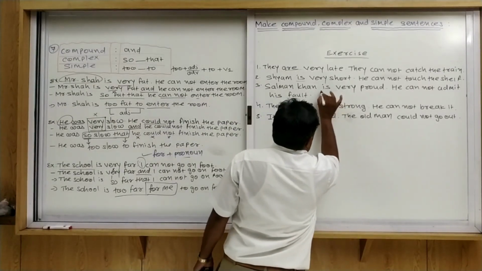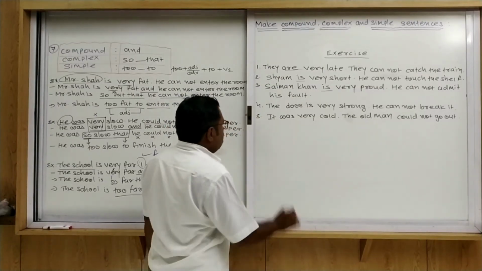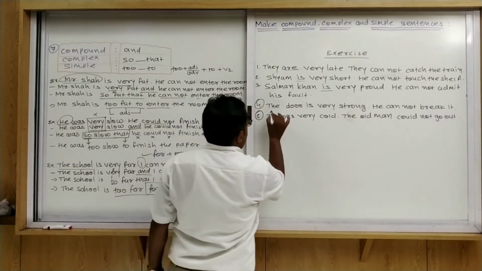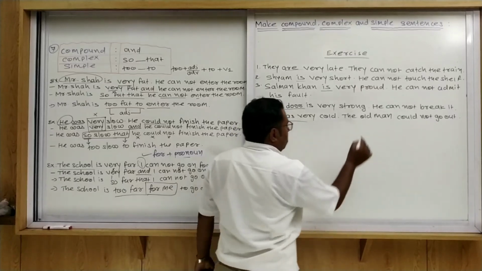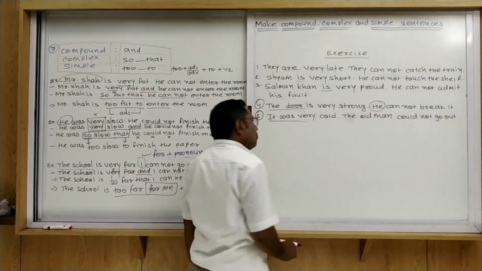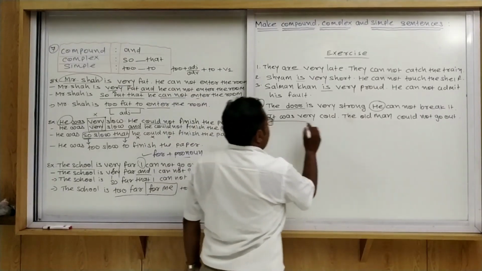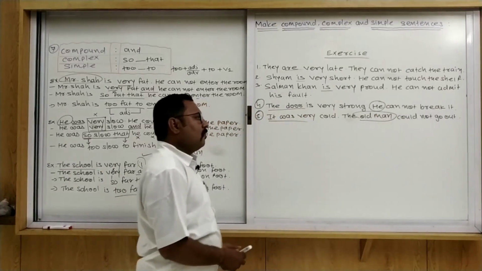Salman is very proud, he cannot admit his fault. But look at sentences number 4 and 5: I use here no subject. Okay, the door is very strong. Now you can see the subject here. The door is very strong, he cannot break it. It was very cold, the old man could not go out.